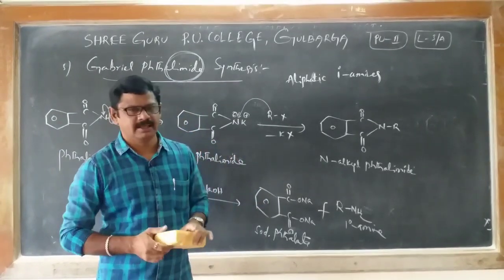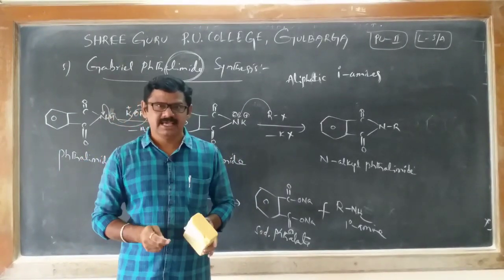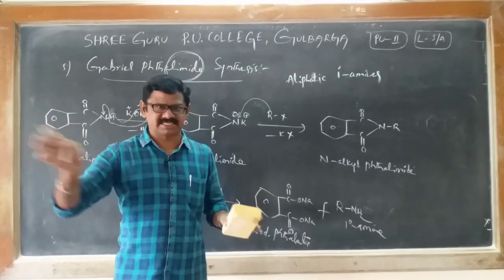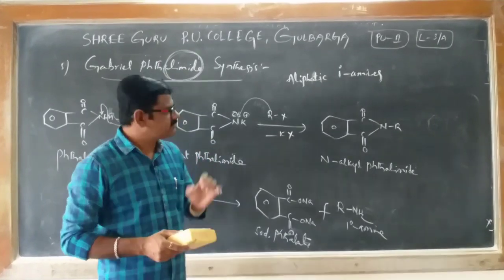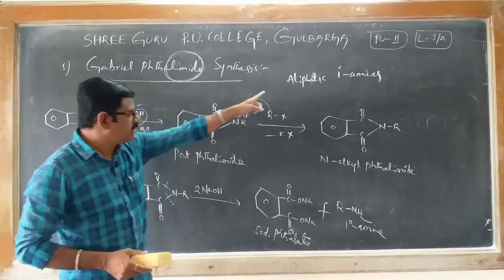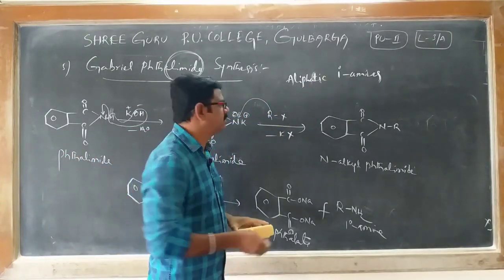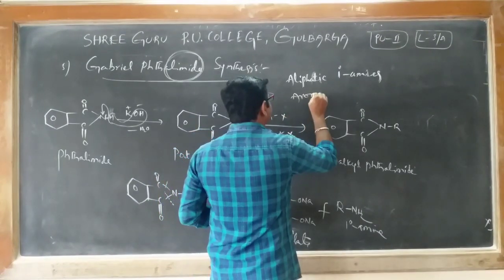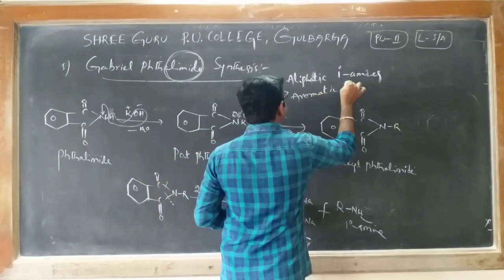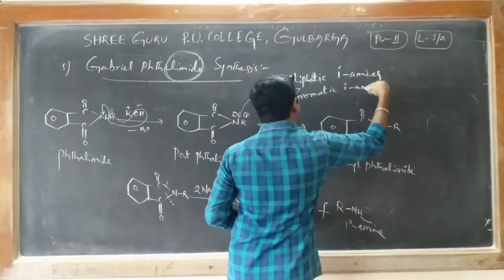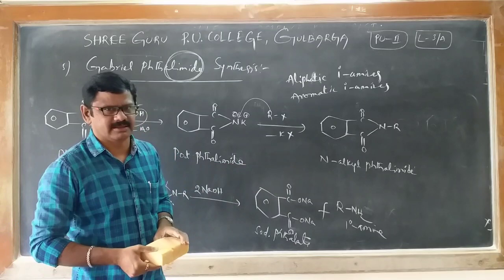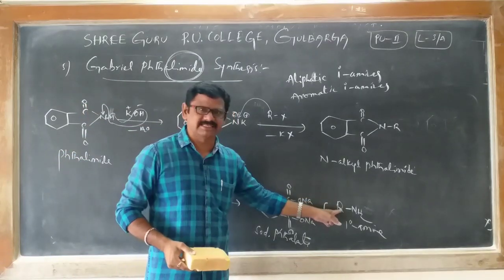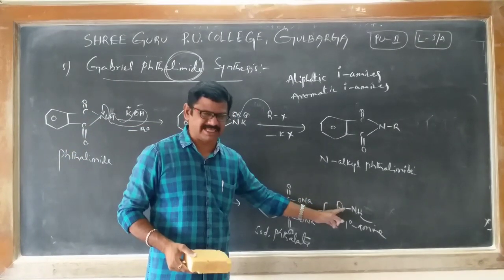Aromatic primary amines as well as secondary and tertiary amines are not possible to prepare. Then the question arises: why only aliphatic primary amines? Why not aromatic primary amines, that is, why not aniline? Why only aliphatic primary amines are we preparing?